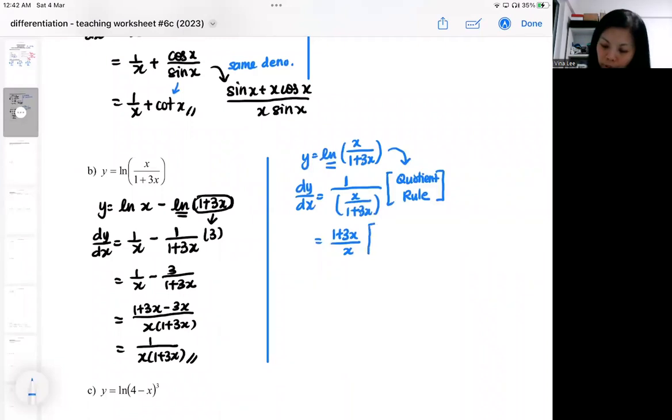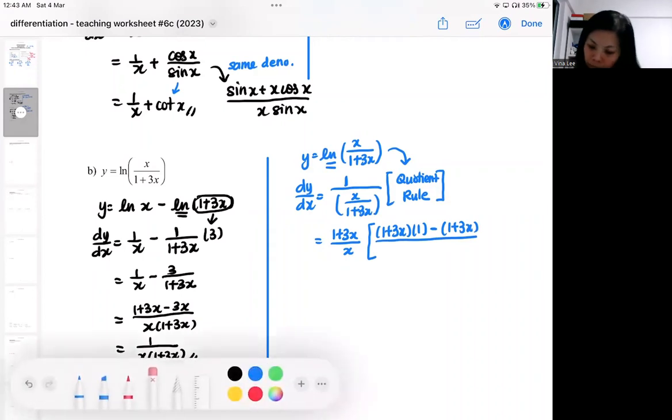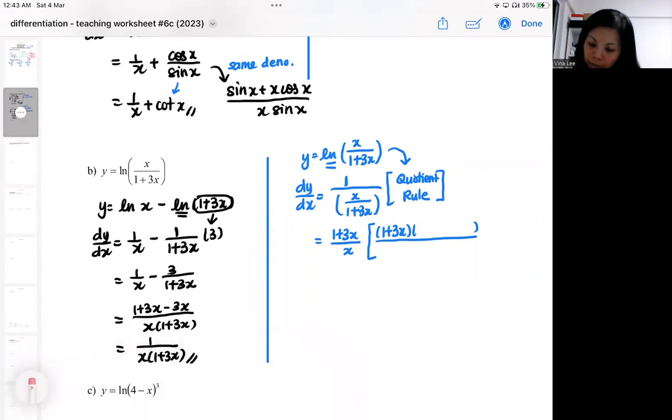And if you go and do the quotient rule, okay, I do a quick one. If you do a quotient rule, this is what you will be getting.